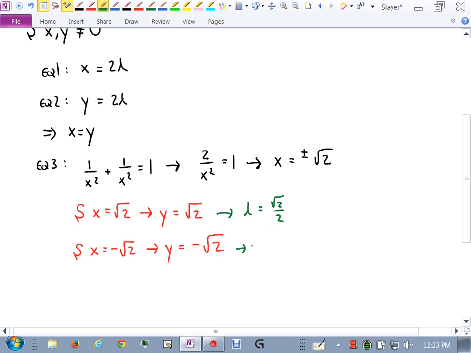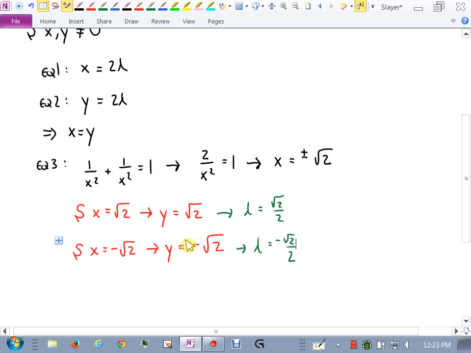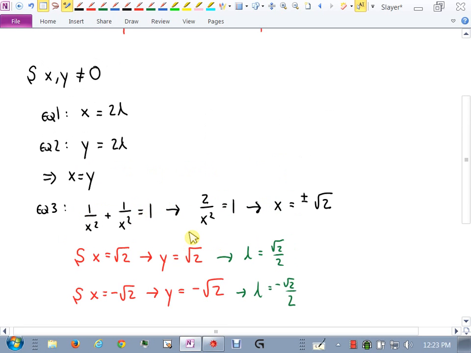And over here on this one, lambda would be negative root 2 over 2. Did I lose anyone on this? So we have 2 points here. Anything else to consider? What if x and y were 0? Well, we already said it's not in the domain. It's not going to happen. So I'm not even going to look at it, but I think we're good.